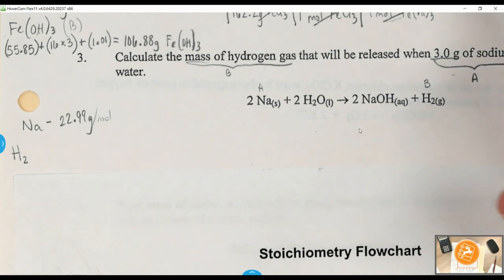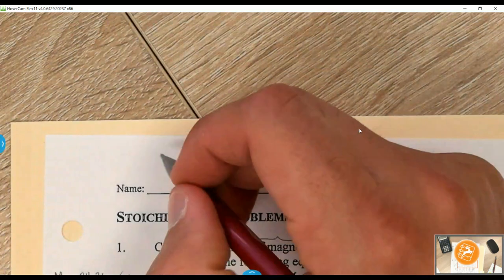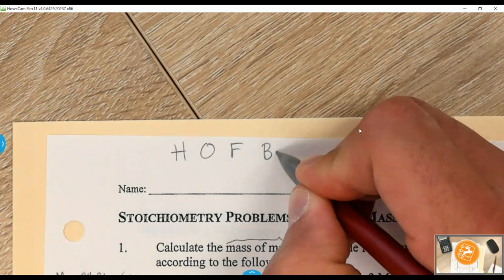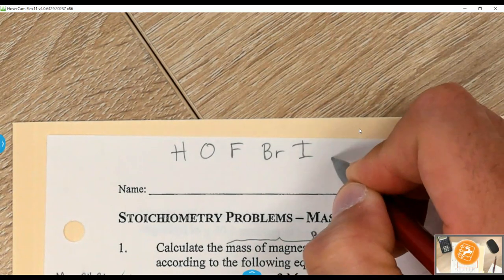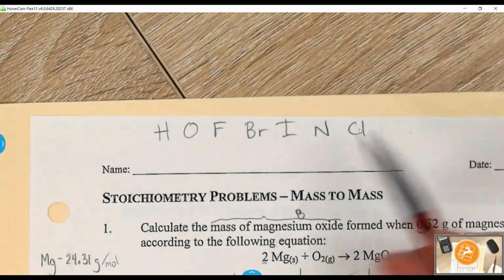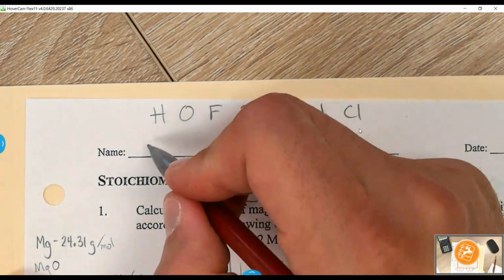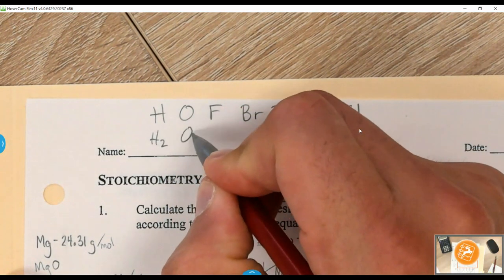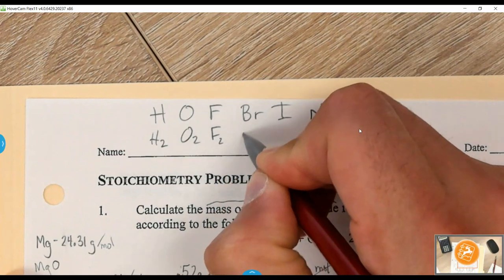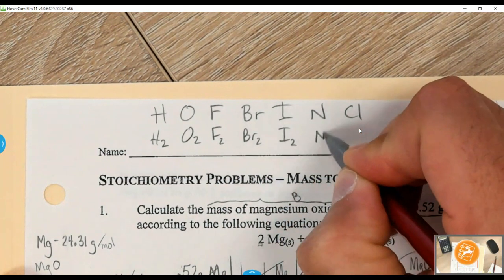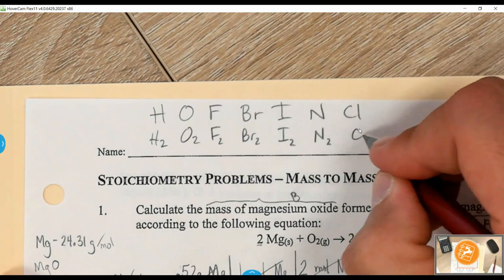Does anyone remember what Hofbrinkel stands for? These elements, when they're just said by their element name, exist as diatomic molecules. Otherwise, they'd be by themselves, like all the other elements.